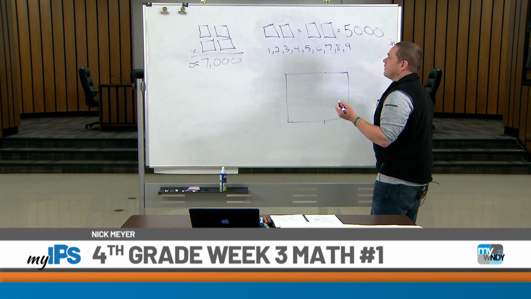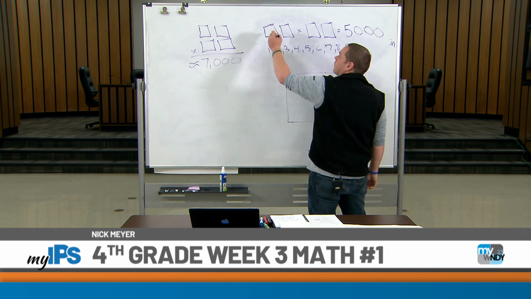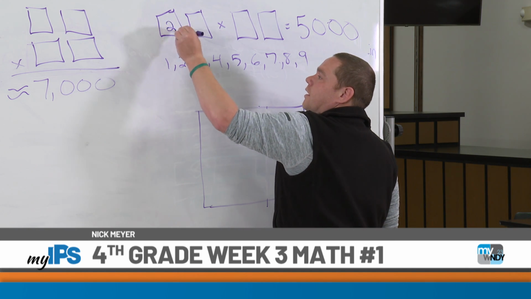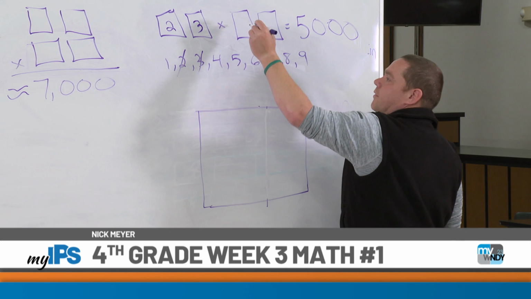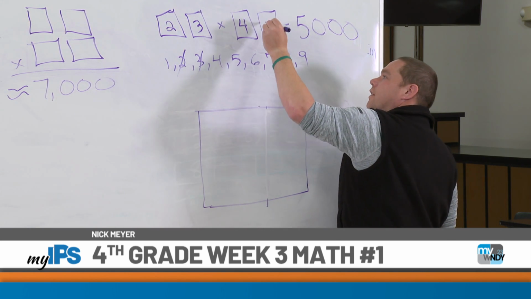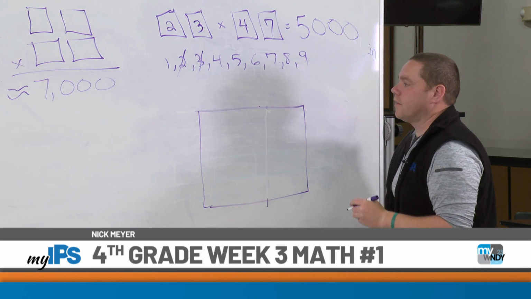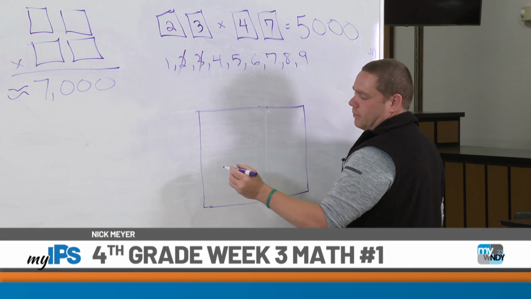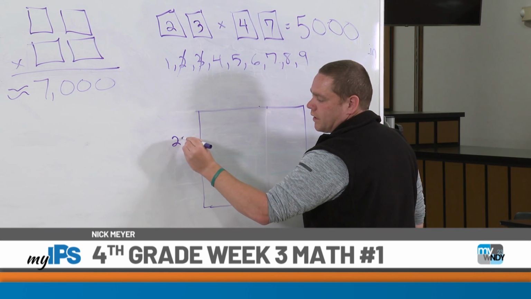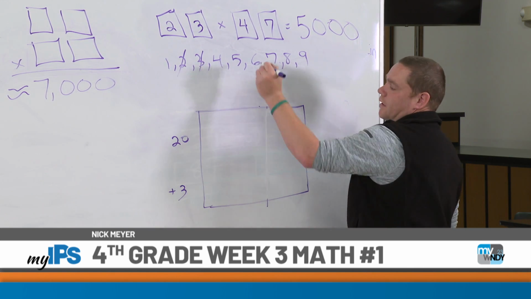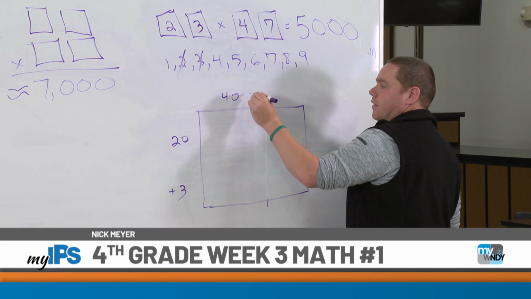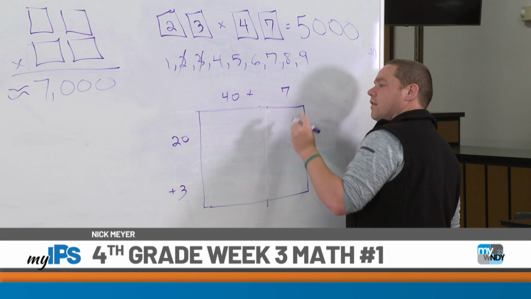So if I start trying some numbers in here, let's say I do 23 times 47. So using an area model, this is 20 plus 3, and then 40 plus 7.